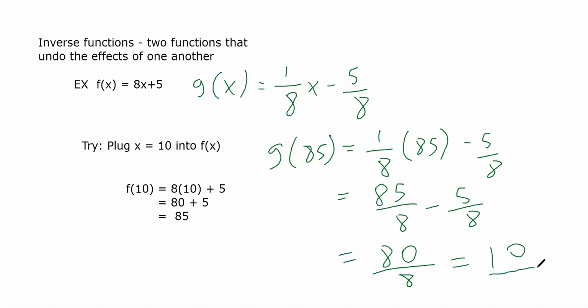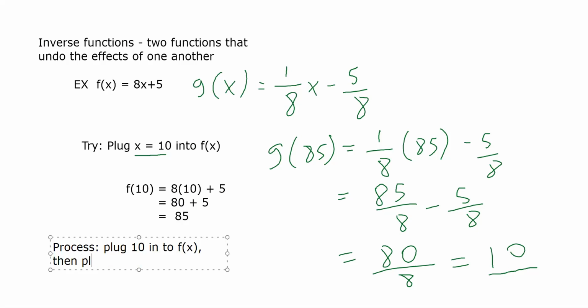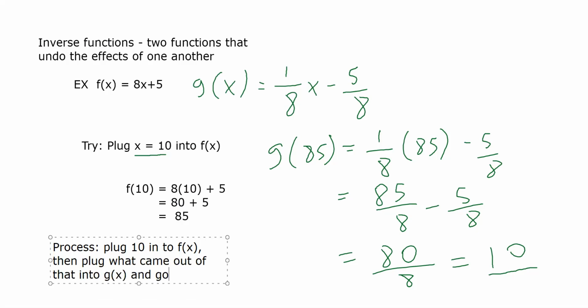Wait a minute, that gets us back to what we started with. So here's the process. We plug 10 into f of x, then plug what came out of that into g of x, and got back to 10. So f of x and g of x undid each other's effects.